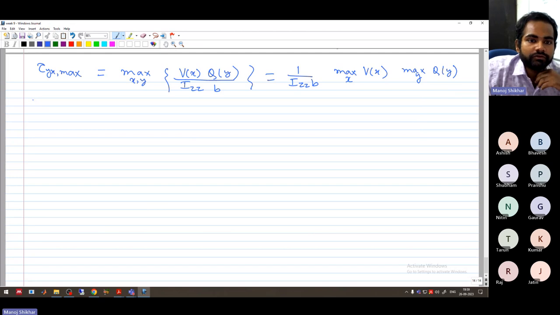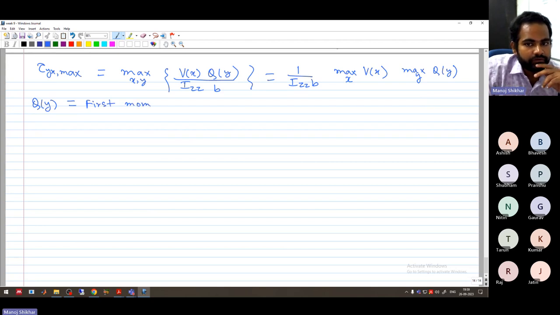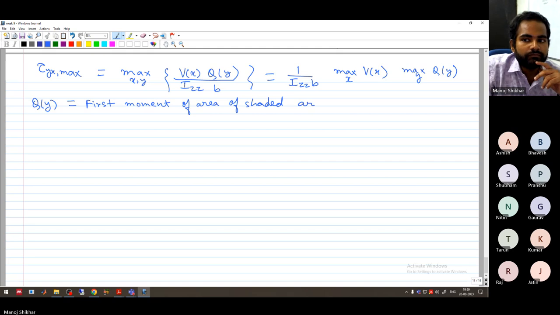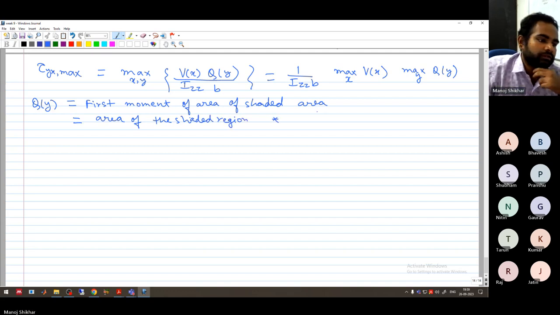Now what is the expression of Qy? Qy is the first moment of area of the shaded area. This is equivalent to the area of the shaded region into the centroid of the shaded area.